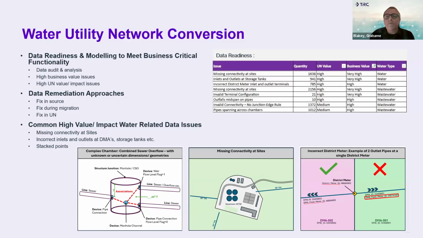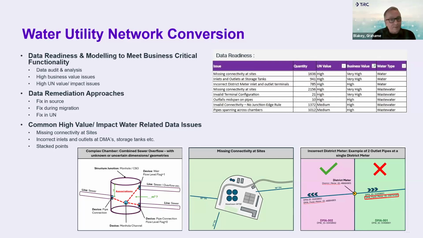So this example illustrates a key readiness challenge we often see with UN conversions, the requirement for asset-related Z-value data, which legacy data models do not necessarily require.